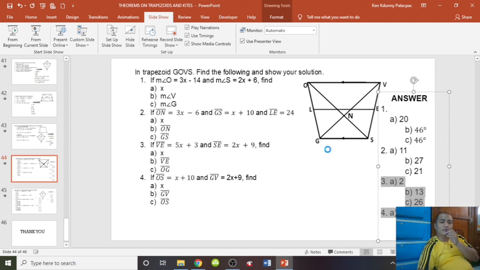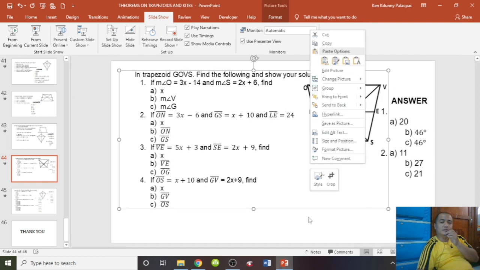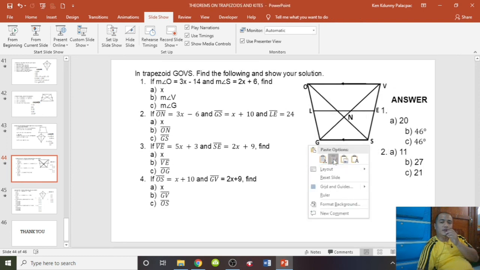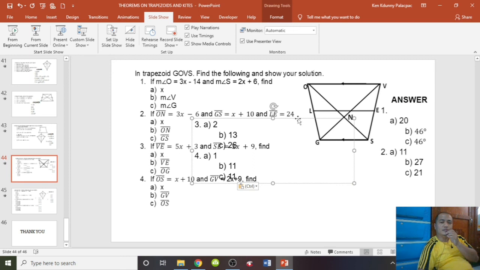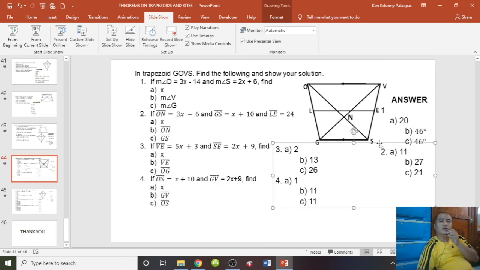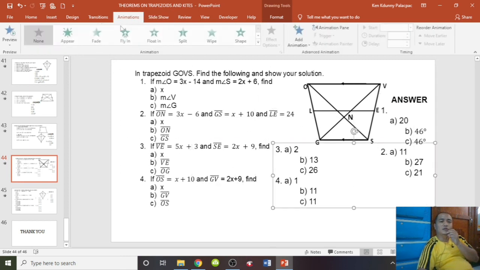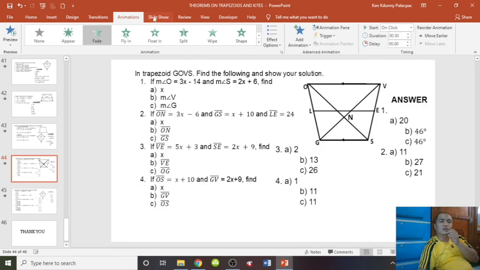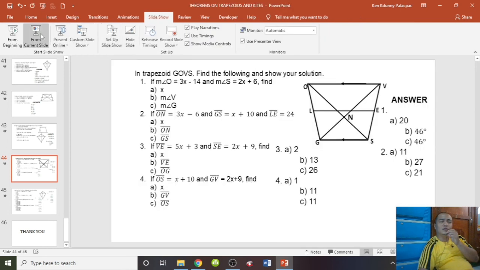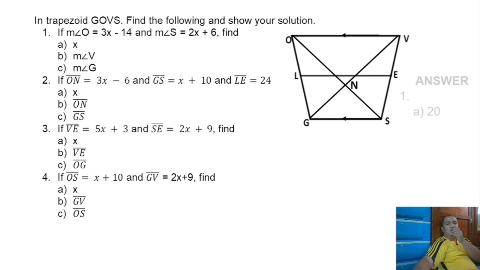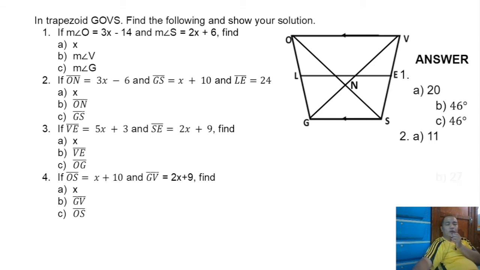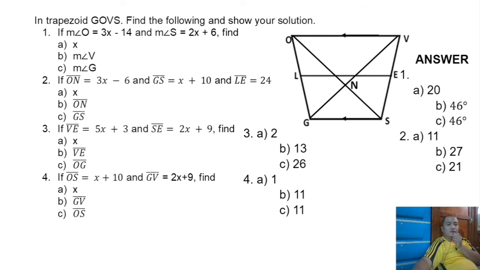Cut. Paste. Here. So, this is the answer for 1 to 4. And all you have to do is to show the solution for each number. Just apply the properties of trapezoid.